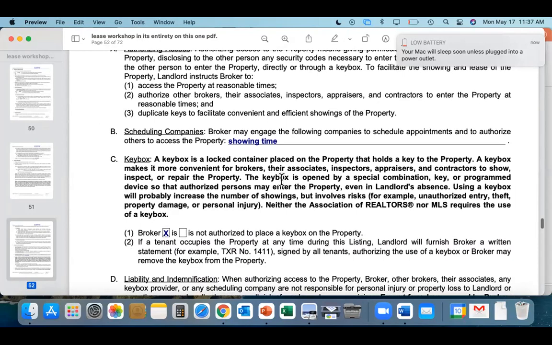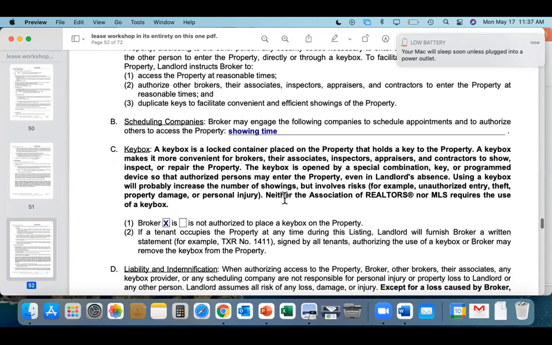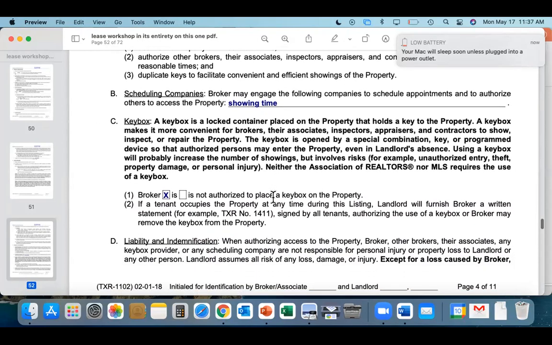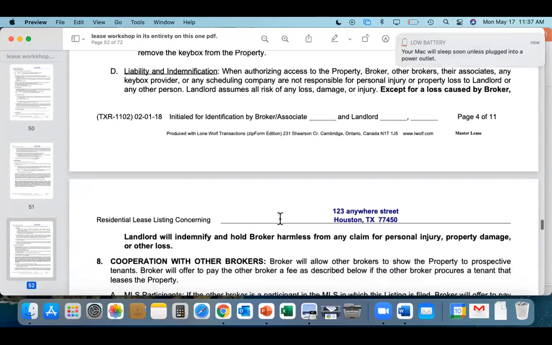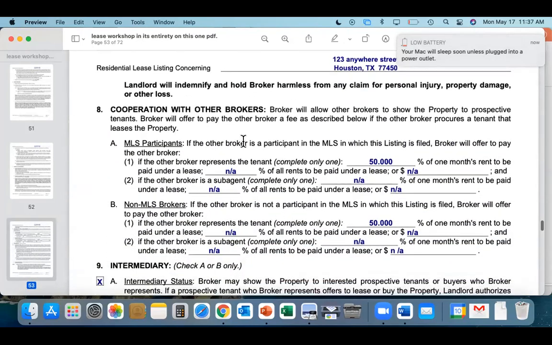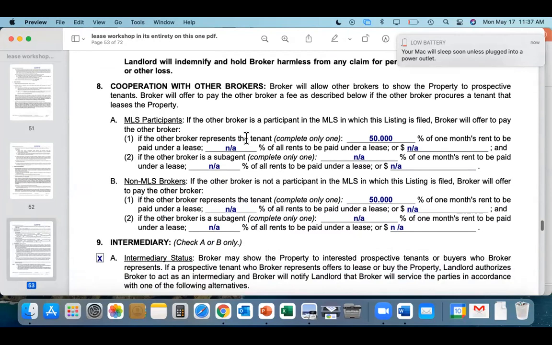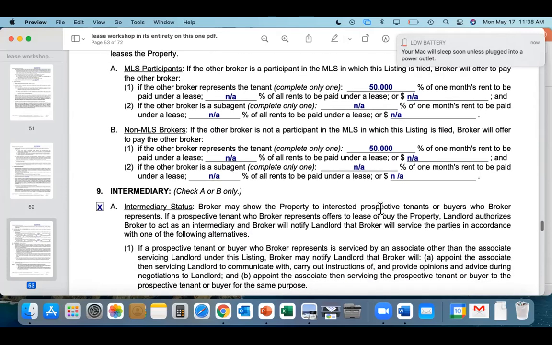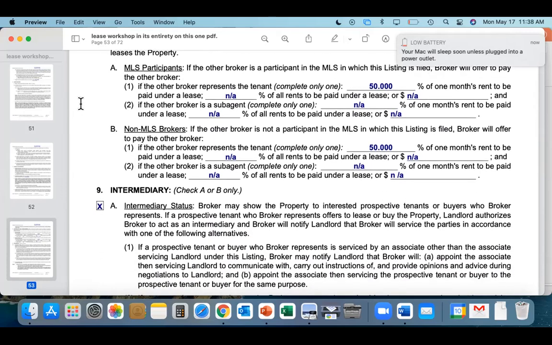And then scheduling companies, we use ShowingTime. Again, we talk about a key box. And then here's where we talk about cooperating with other brokers, where we'll pay them 50%, just like in a listing. That's why we collect 100, right, Bruce, in the beginning.